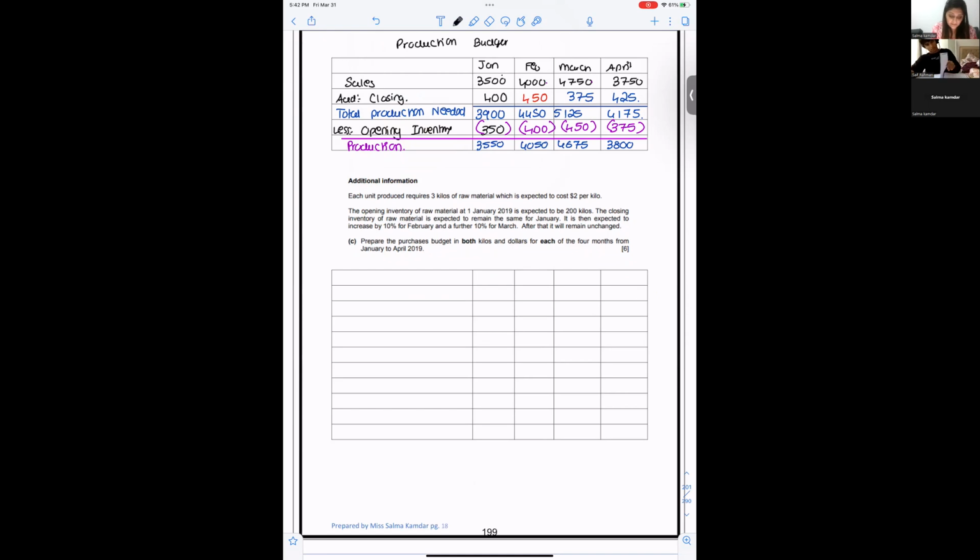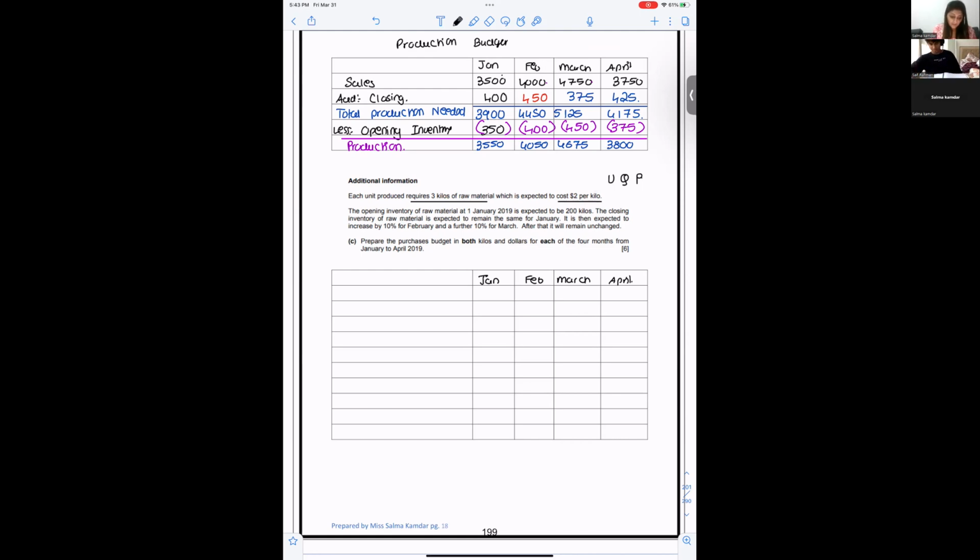How do you make the purchase budget? Units, quantity, price. January, February, March, April. Each unit requires 3 kilos of raw material, which is expected to cost 2 per kilo.